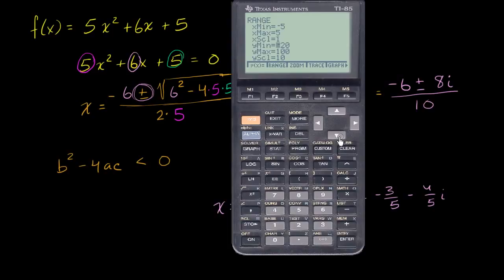And then let's make our y max equal to 20, and our y scale, we can make it 2. Okay, I think this will get us much closer in. There we see, it does not intersect the x-axis. This does not have any real roots, but it has two non-real complex roots.